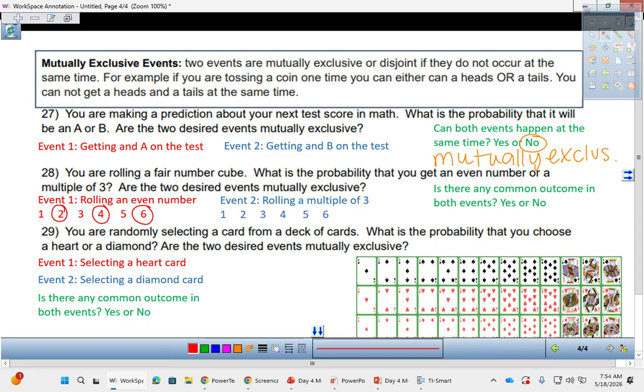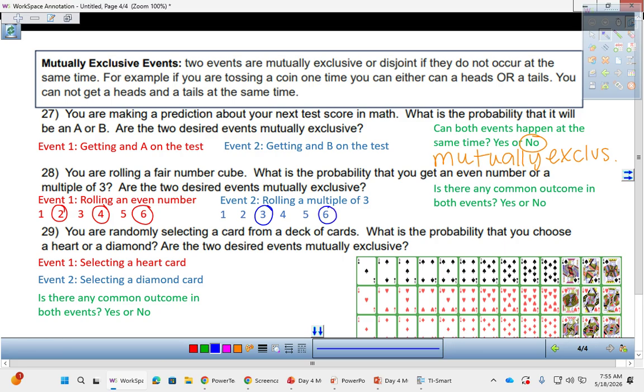So event 1's outcomes are 2, 4, and 6. Event 2 would be multiples of 3. Anybody remember from last week what my multiples of 3 are? Remember, multiples multiply, they get bigger. So we're going to start at 3 and get bigger. What's another multiple of 3? 6.